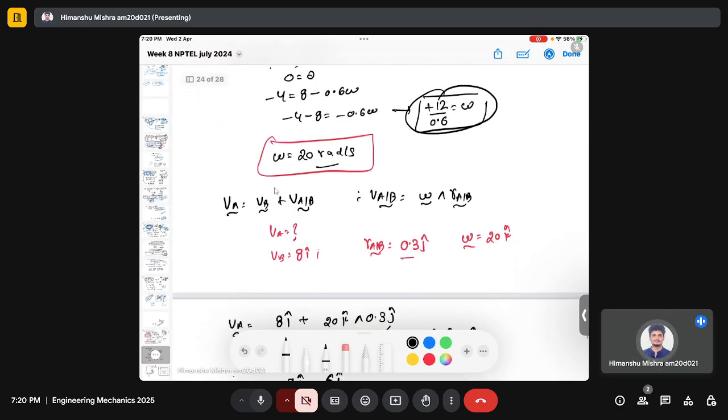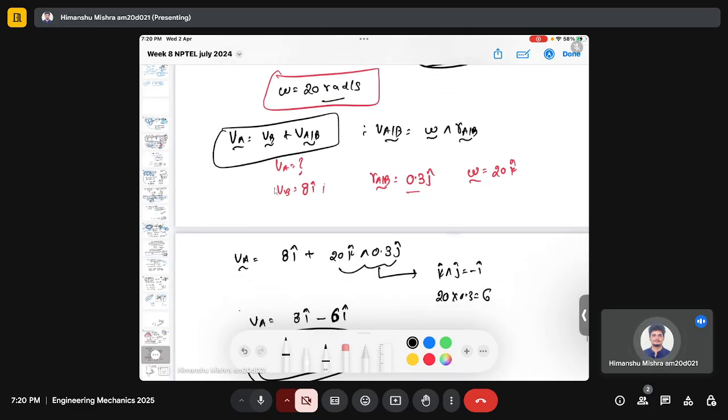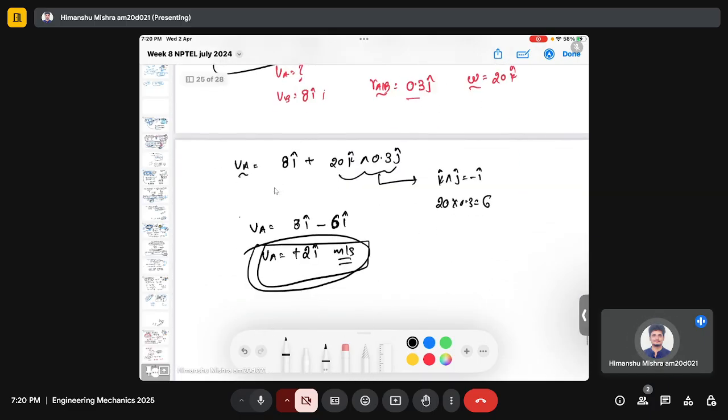So we now consider 2 points A and B. Repeat the exercise, identify all the vectors and solve, and we got the velocity of point A, which is 2 meter per second in the positive x direction, which means the velocity of A is toward the right hand side.